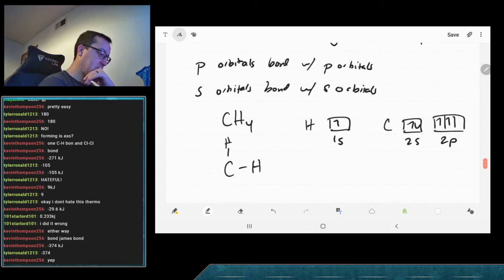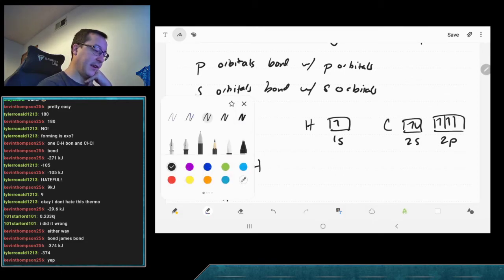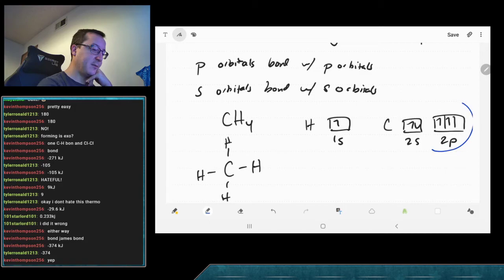It's a nice tetrahedral, happy, plain old methane. If we can only bond s orbitals with s orbitals and p orbitals with p orbitals, how the heck are we going to get the s orbitals to bond with these guys? It's kind of a tricky situation.